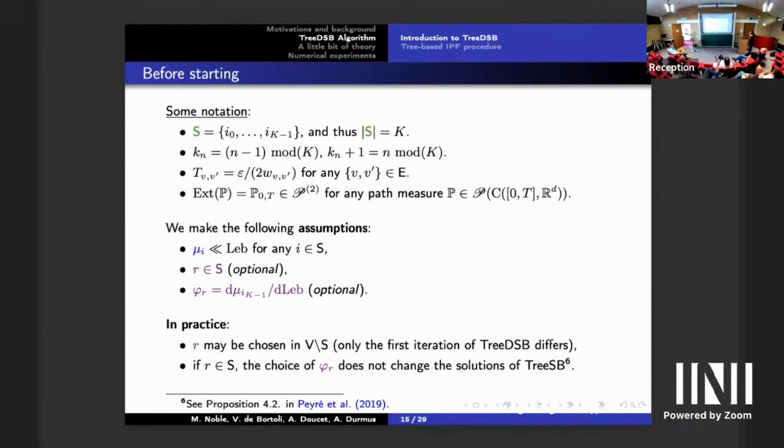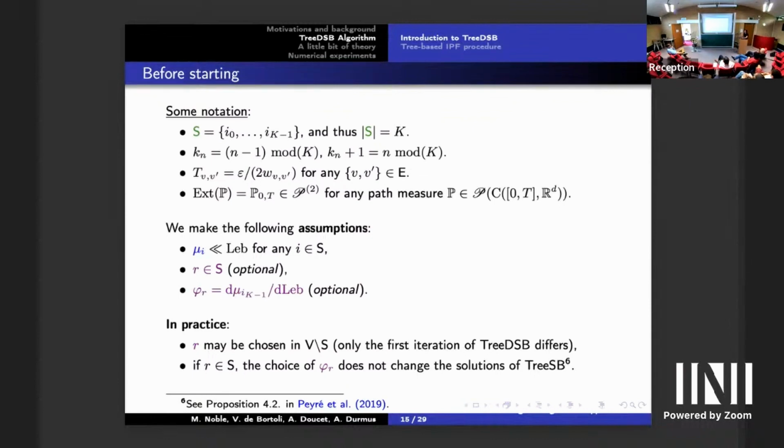And so what are the assumptions in this framework? I assume that I have my mu I, which are absolutely continuous with respect to Lebesgue measure. So to answer your question, in this setting, I'm going to choose R in the set of the leaves, and then we will see what happens if I choose something which is not a leaf. But for now I'm just going to choose something among the leaves. So once again, the green nodes in the tree-based setting, and I'm going to use as phi the potential given by some marginal, the marginal on the node.